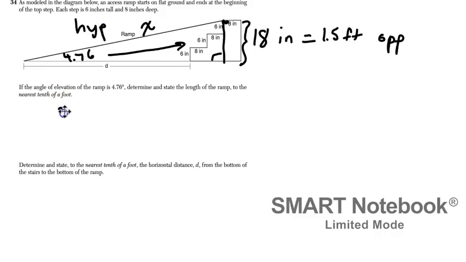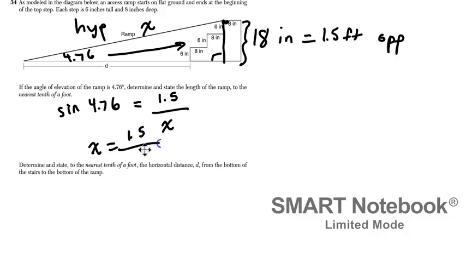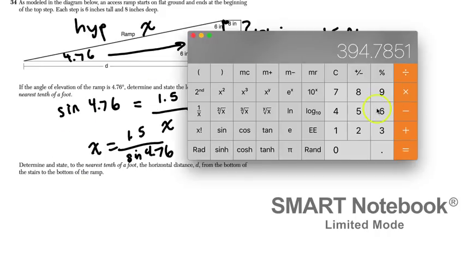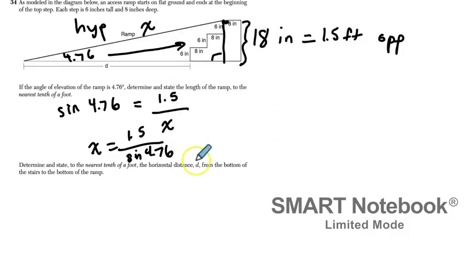So we're going to set up the sine of 4.76 is equal to 1.5 over x, where x is equal to 1.5 over the sine of 4.76. 1.5 divided by the sine of 4.76 is equal to about 18.1 feet.